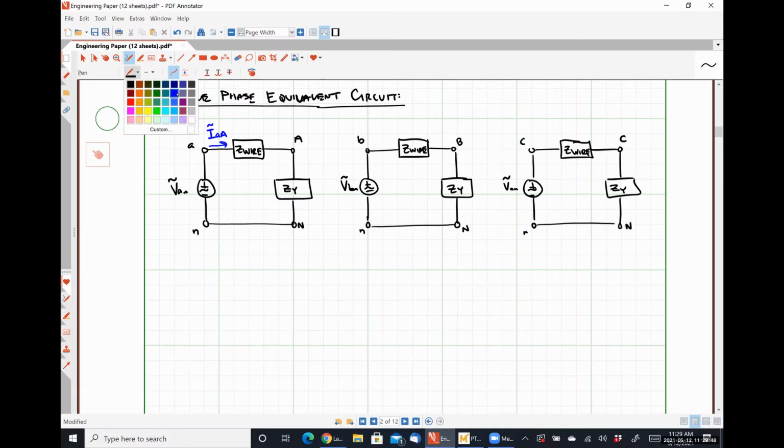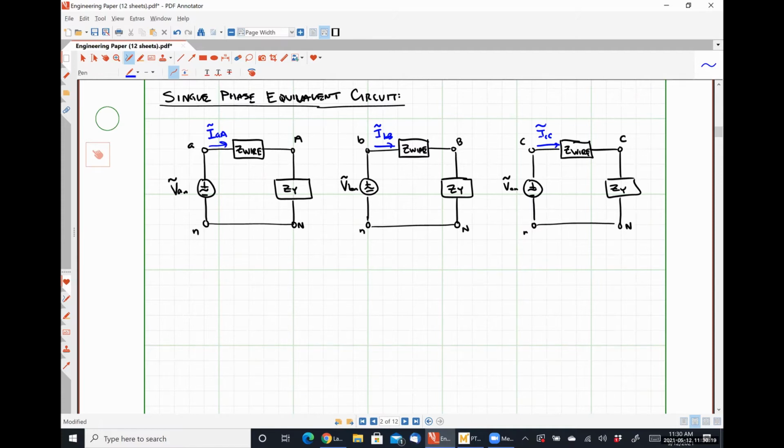All right, let me go ahead and define those line currents again. IBB, and ICC, okay? So we can break down a YY system into three independent single-phase equivalent networks, where, just to be very clear here, we only actually need to be able to analyze one of them to get all of the other quantities.